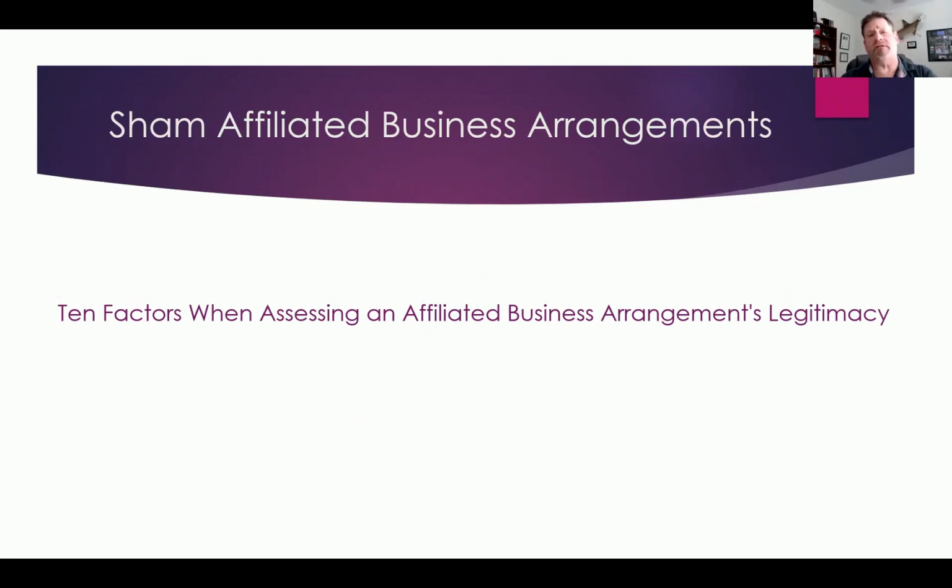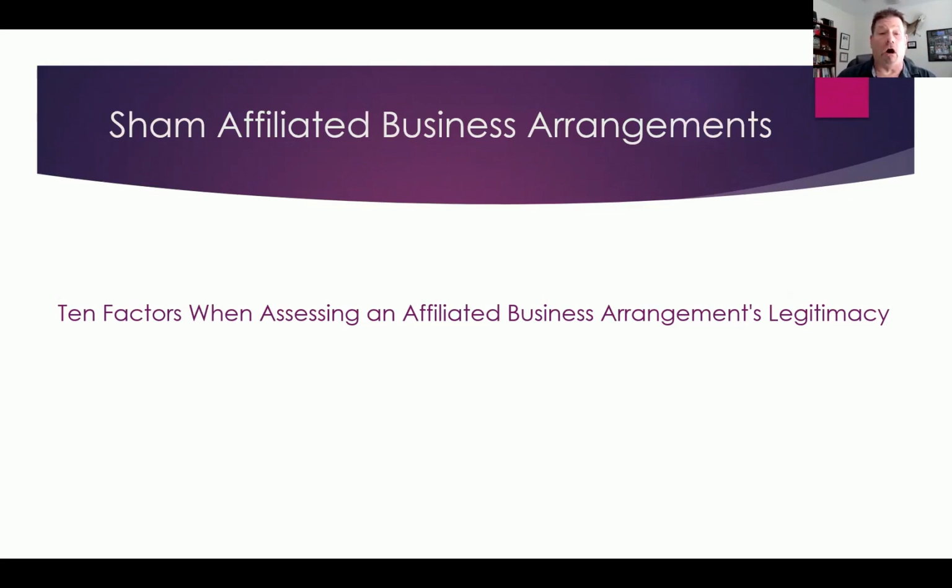Sham affiliated business arrangement. So an affiliated business arrangement is a scenario by which a mortgage broker or a mortgage lender, a mortgage loan company, has an affiliation with a third-party settlement service provider, maybe with a title company, or perhaps it's affiliated with an insurance company. There's an affiliate relationship going on, and under certain circumstances, that is perfectly acceptable under the Real Estate Settlement Procedures Act.